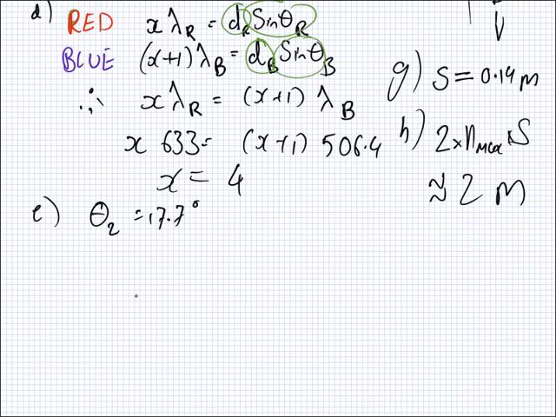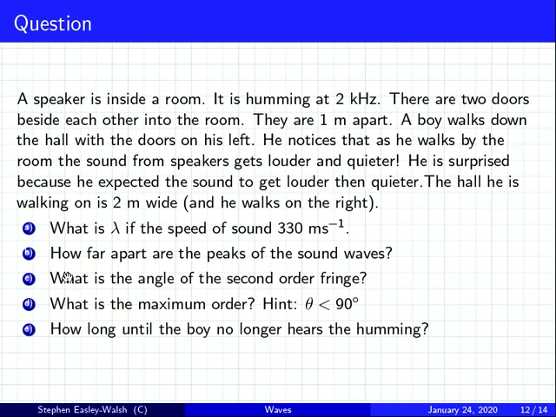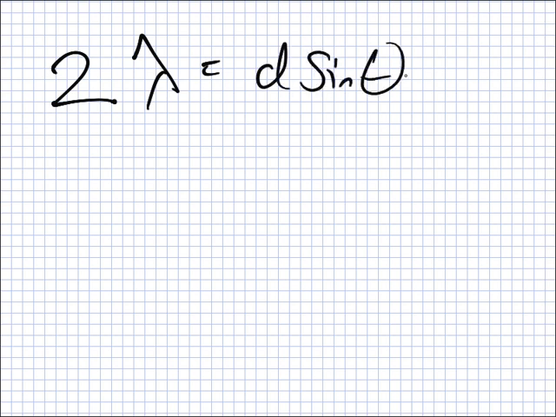Guys, in the last one here, sorry, Gina was just asking me, what is the angle of the second order fringe? The formula is, for N1, you did it for N1. Thank you for spotting that, Gina. N lambda equals D sine theta.